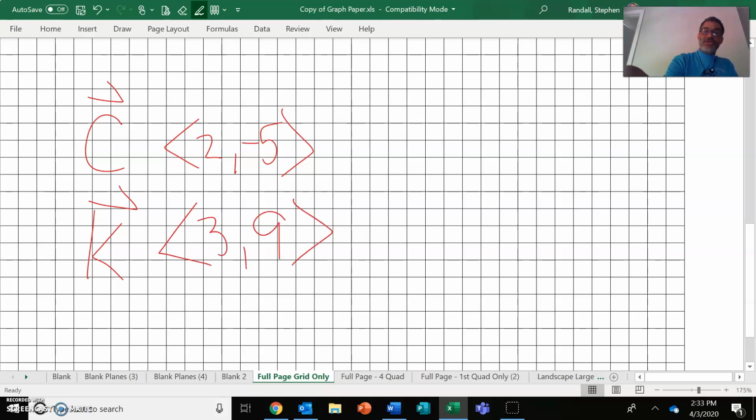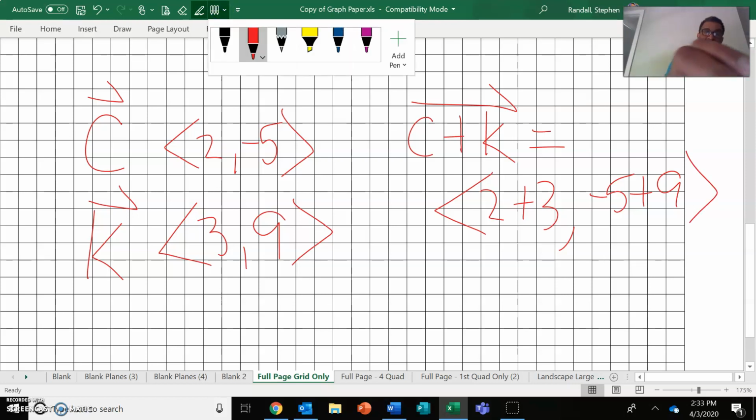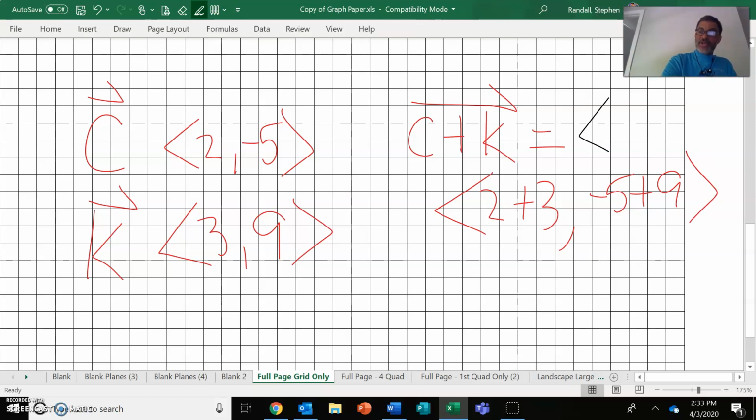So if we wanted to do vector C plus K, the resultant of that is going to equal 2 plus 3 and -5 plus 9. So C plus K is going to be 2 plus 3 is 5, -5 plus 9 is 4, if we add those two vectors.